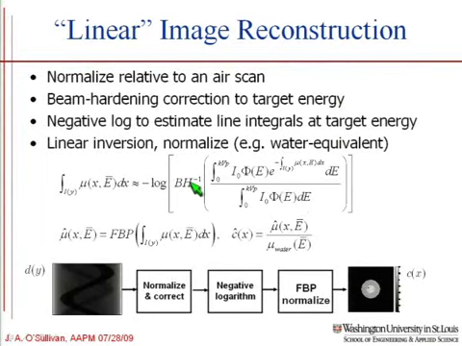You do your beam hardening correction, and that's correcting to a target energy. The target energy I refer to here as E bar. Take the negative log of that, and the argument is that that's approximately the line integral at that target energy. You do filtered back projection on that to get your estimate of the attenuation function at that energy.